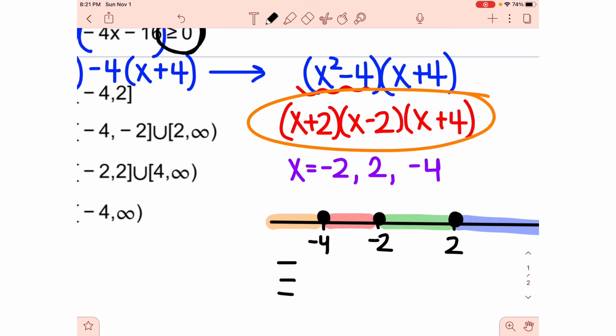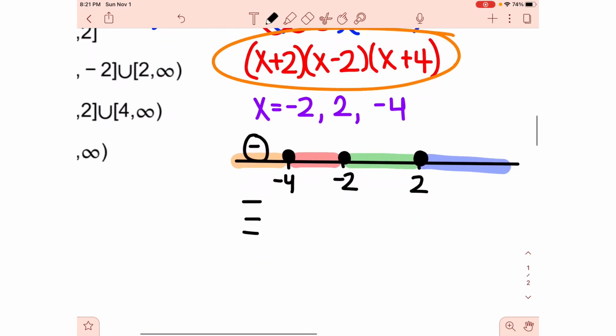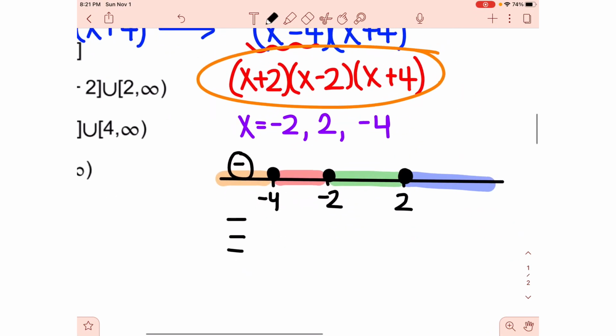Negative times negative is positive, times another negative, though, will be negative. In the red, plug in something like -3. -3 plus 2 is negative. -3 minus 2 is negative. -3 plus 4 is positive. So negative times negative is positive, times positive is another positive.